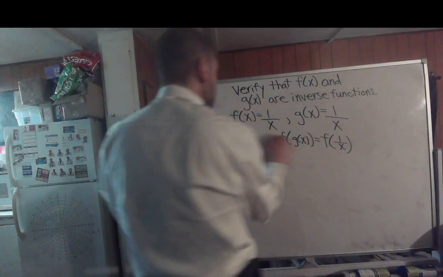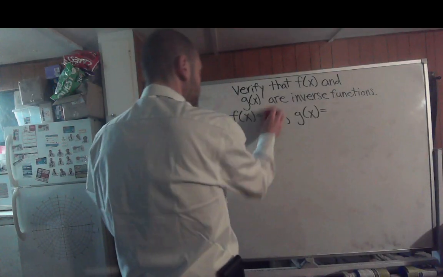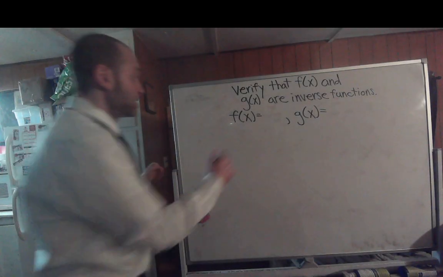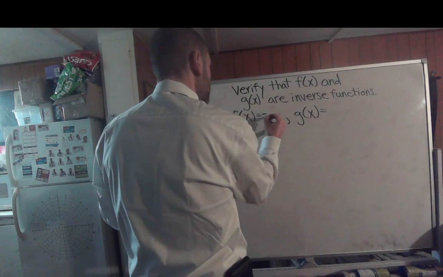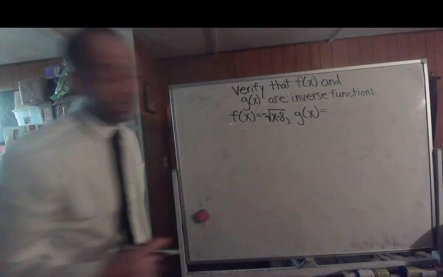Alright, last one this time. F of x equals negative of the square root of x minus 8.